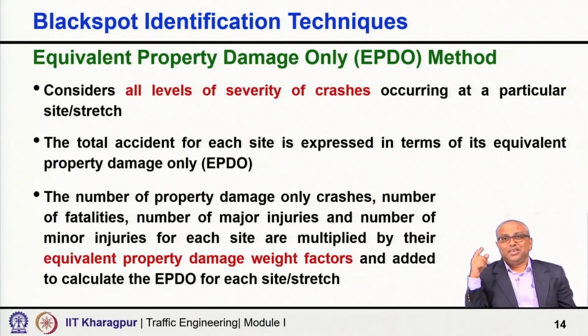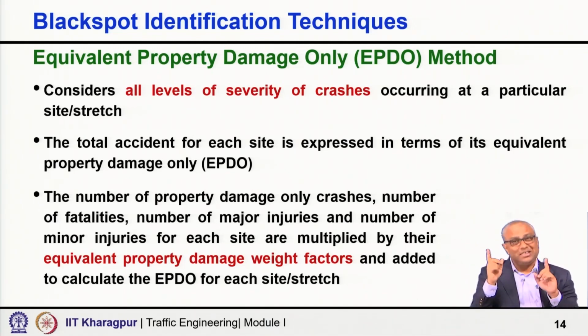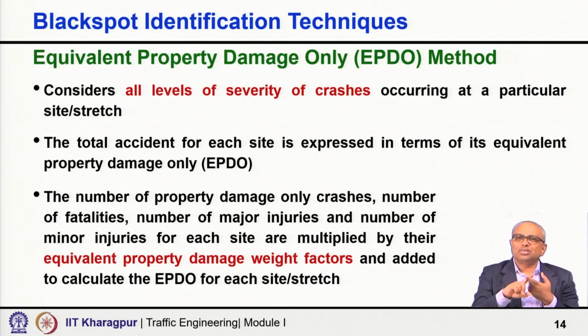Third, we know the advantage and disadvantage of the first one when I use the total crash count or crash frequency, and I also know the second approach when I use the fatal crash frequency.